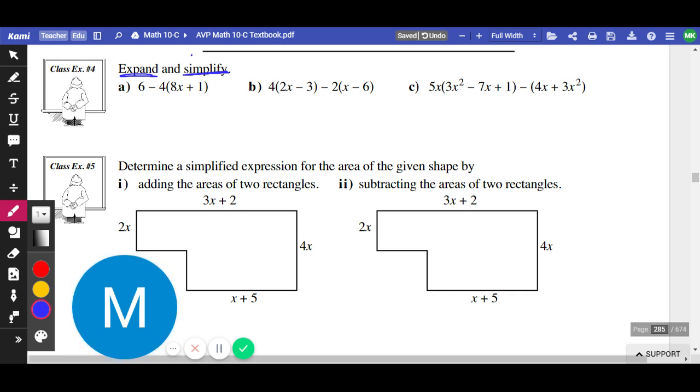Awesome. Looking at this one, you need to recognize where the multiplication is. The multiplication is the monomial, the negative 4, that is attached to the bracket. The 6 is its own term. It's on its own. All right, so this negative 4 multiplies into the bracket.